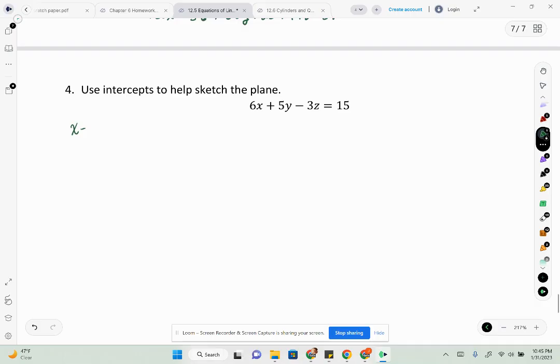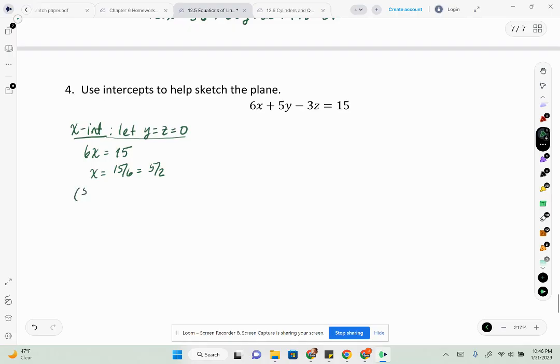So if I want the x-intercept, I'm going to let y equals z equals 0 in this equation. Then what happens is I just get 6x is equal to 15 and x is equal to 15 over 6, which is the same as 5/2.